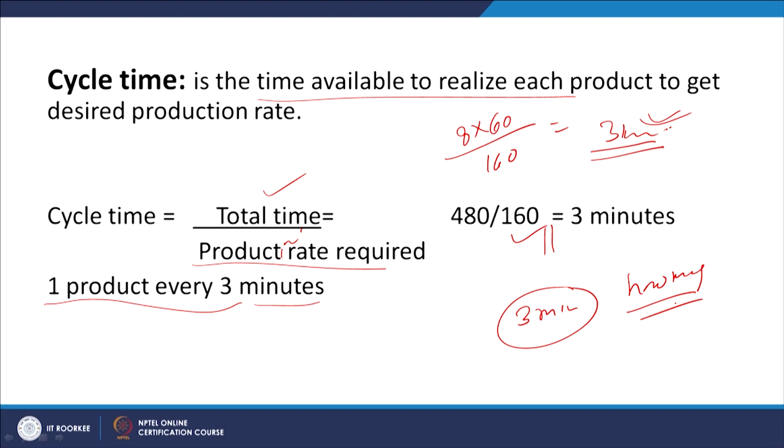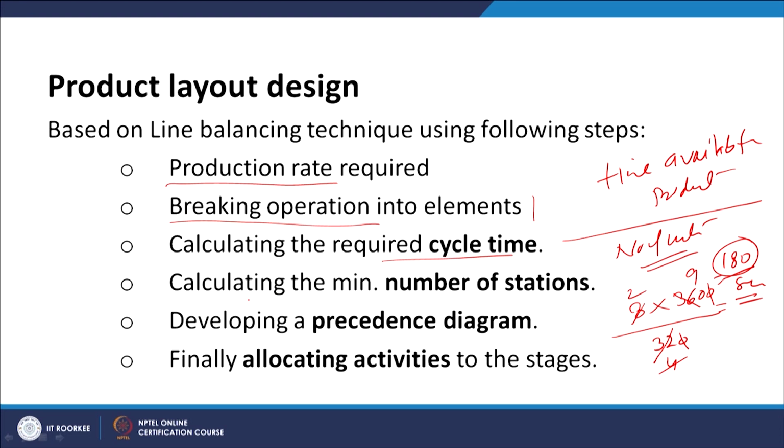Then another step related to product layout design is the number of stations that we should have in a product layout. This is primarily based on the number of steps required to produce a component.